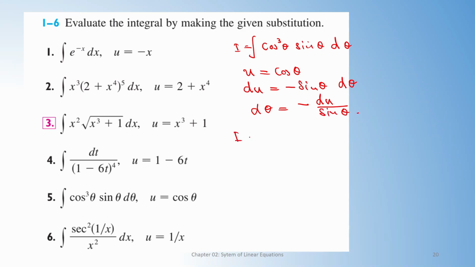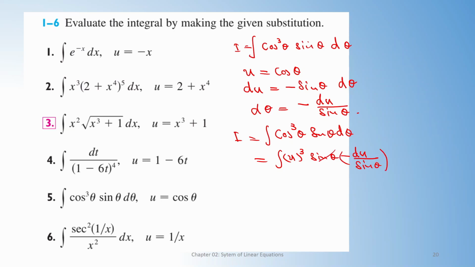Then the integration becomes cos cubed theta sine theta d theta. Now replace cos theta as u, so u to the power 3. Sine theta remains as it is. D theta is minus du over sine theta.